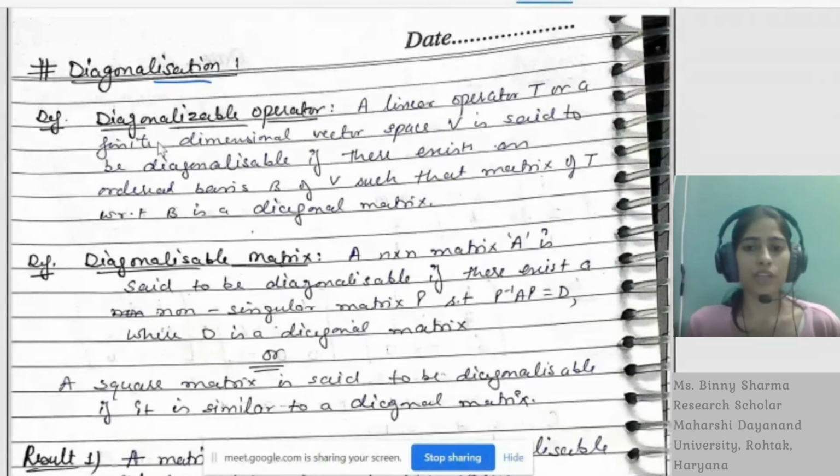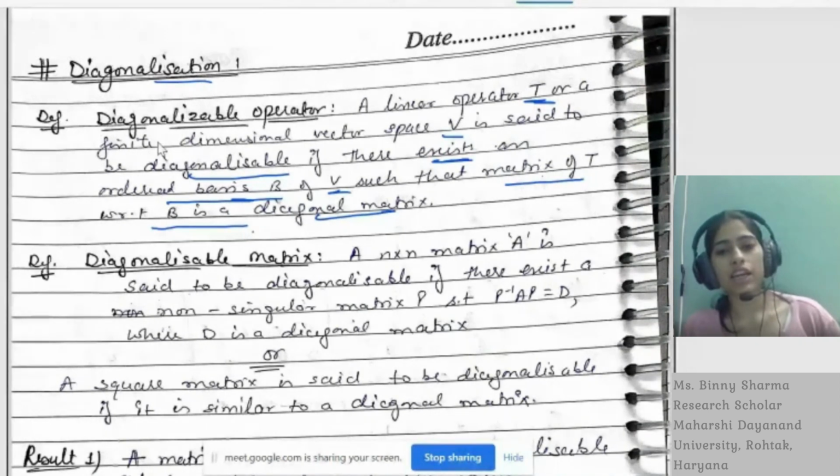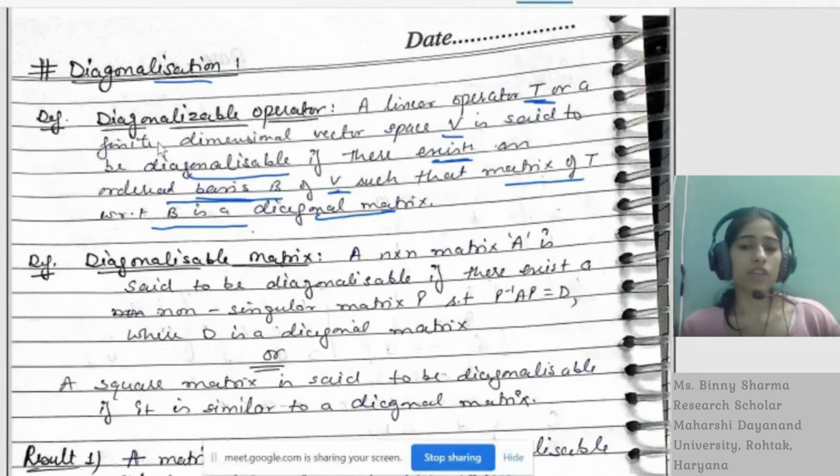A linear operator T on a finite dimensional vector space V is said to be diagonalizable if there exists an ordered basis B of V such that the matrix of T with respect to B is a diagonal matrix. Then we can say that the linear operator is diagonalizable.